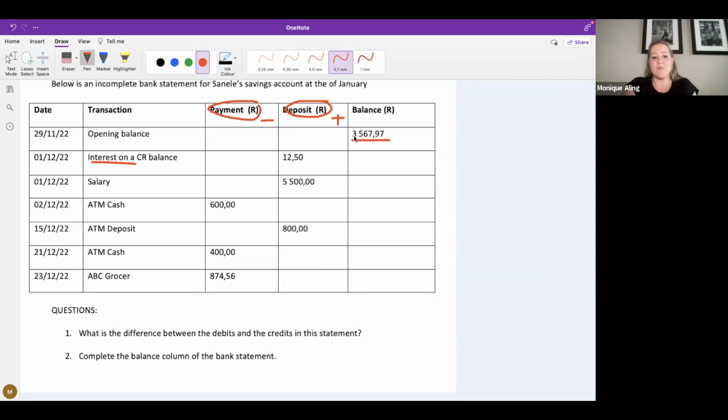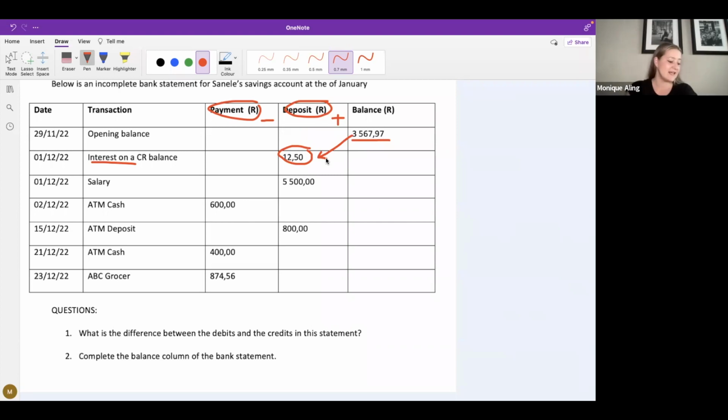So we look at the opening balance, and then the next transaction that took place is that he was earning interest on his balance, and it's in the positive column. So to get our new balance, we take the current balance and we add 12.50 to get his new balance, because after every transaction, the bank is going to give you your new balance.